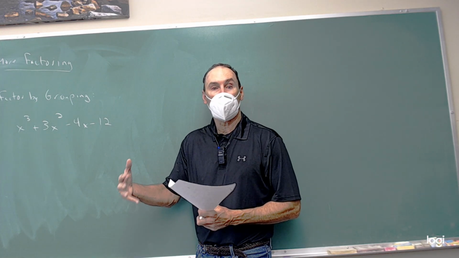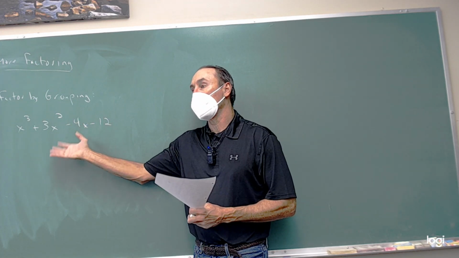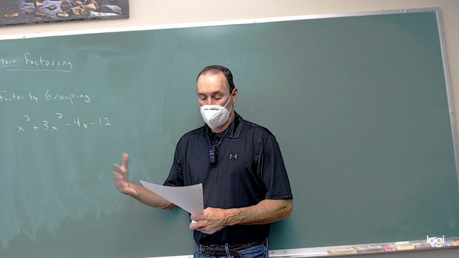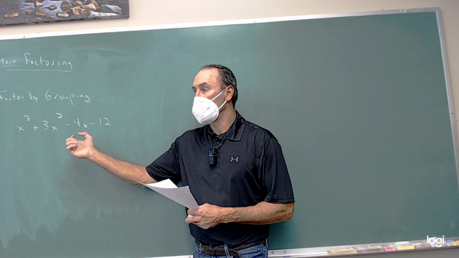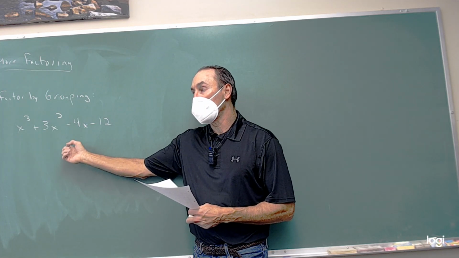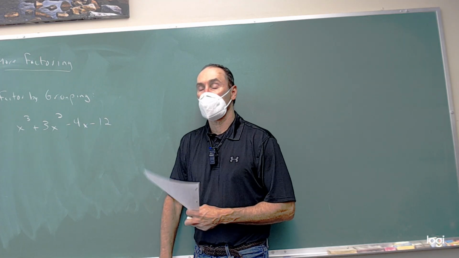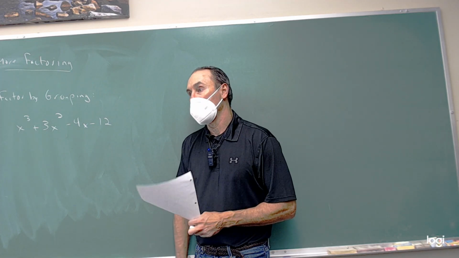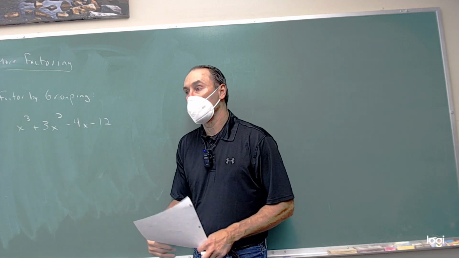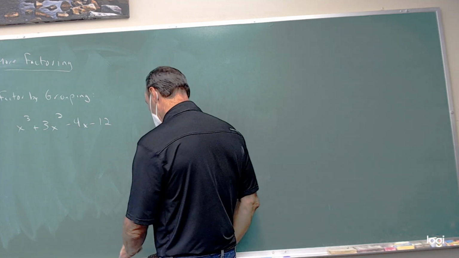We have to have some special properties of what we're facing. And a couple of those are going to be to get a greatest common factor first. And in this case, the other strategy we know to date is going to be to factor by grouping, and we'll get some other strategies as we go on.